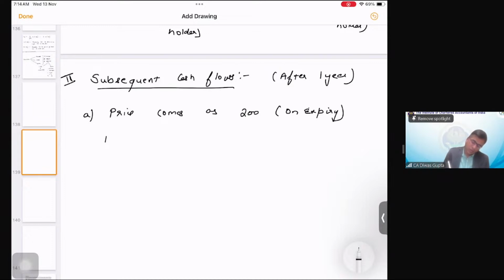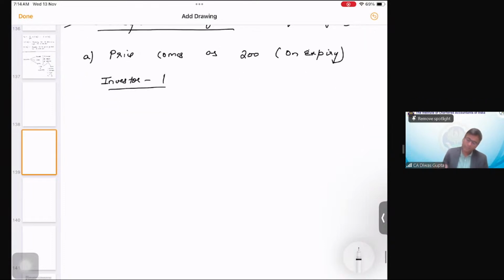And let's talk about first for the investor 1. Now, if I may ask, this is the option, this is the strike price, this is the market price.